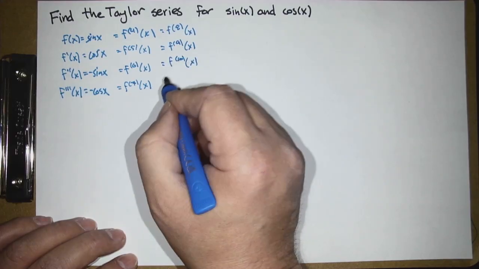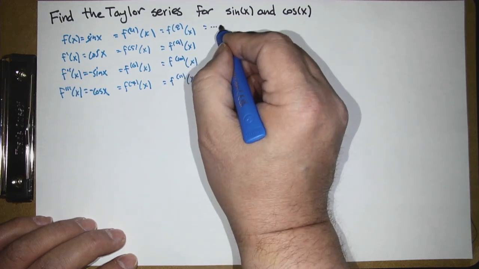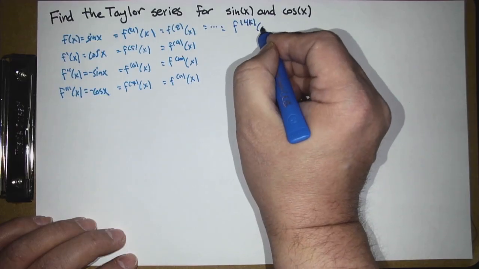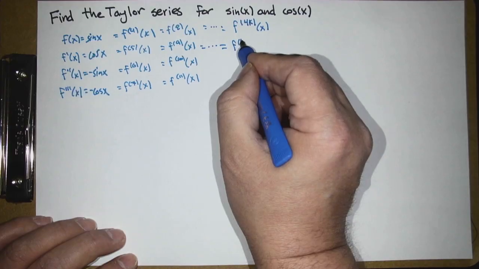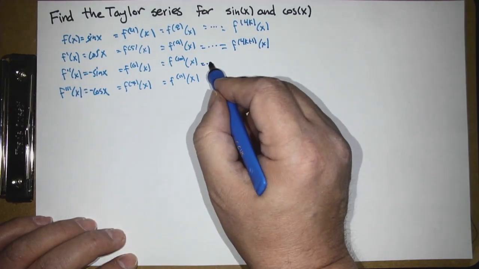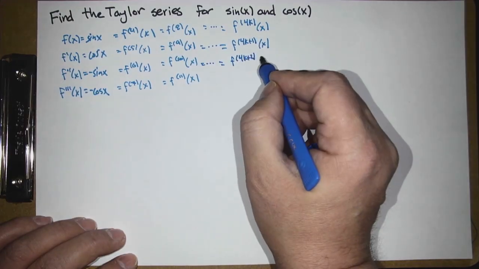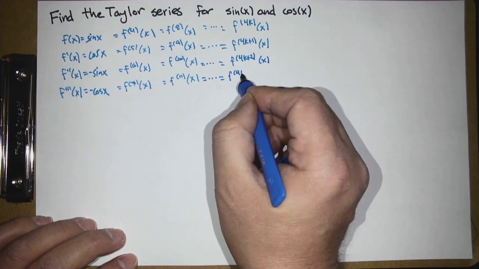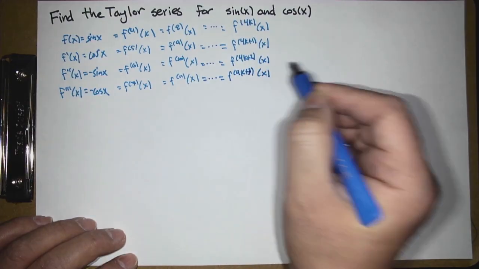In general, if you look like a 4kth derivative, then you look like sine. If you look like a 4k plus 1 derivative, you look like cosine. If you're a number that looks like 4k plus 2, you look like negative sine. Or if you're a number that looks like 4k plus 3, you look like negative cosine.